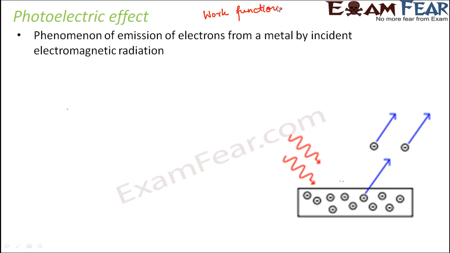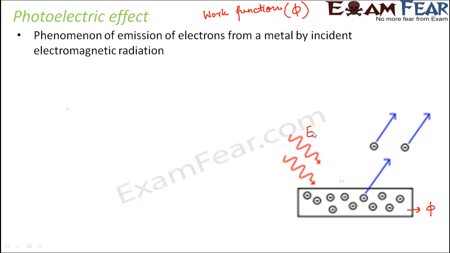Correct? Now generally we denote work function by the letter phi. And let us say that this incident radiation has energy E, and this metal has a work function phi. Now, when will the electrons get emitted?